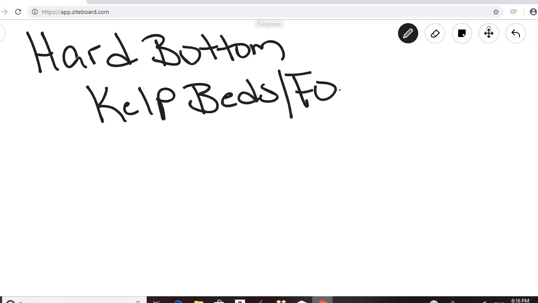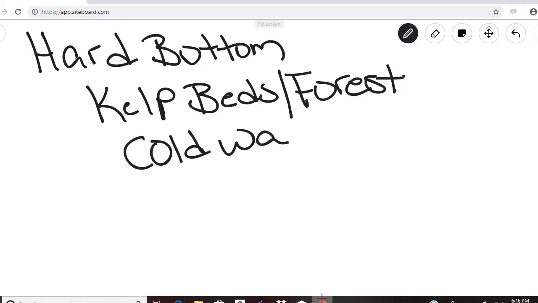We tend to find these in colder water, so areas of the world where the water is cold. They can stretch from the bottom all the way up to the surface, and whether they reach the surface or not is how we define whether it is a bed or a forest.